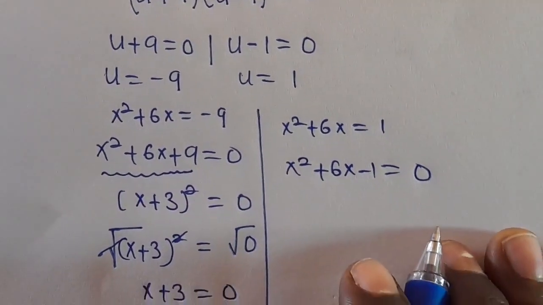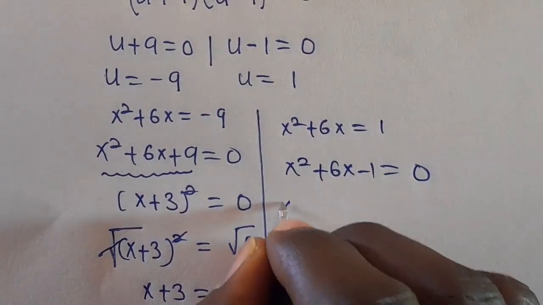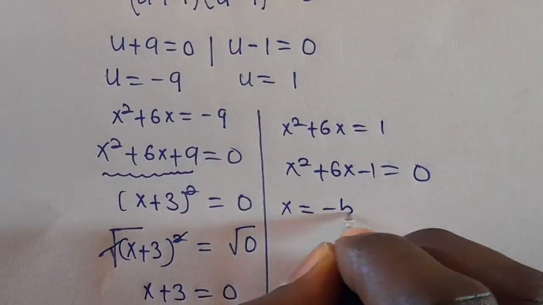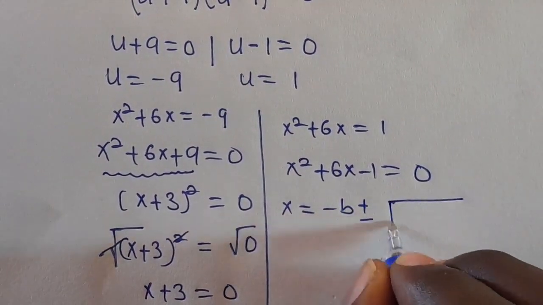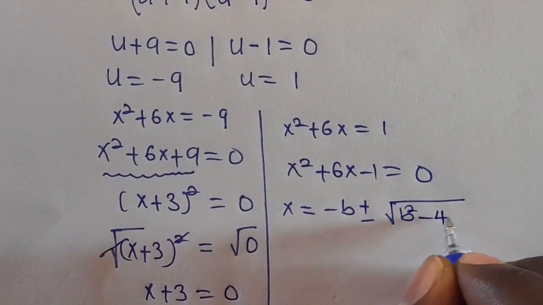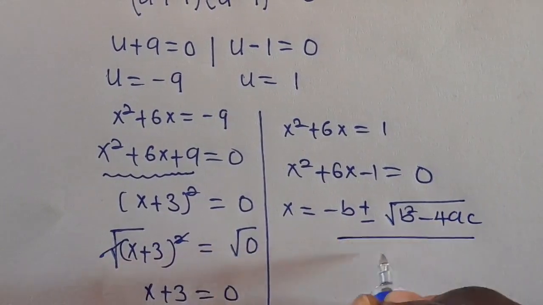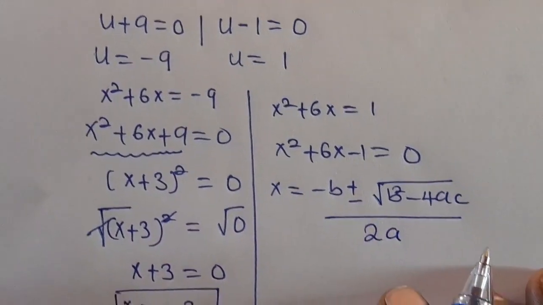Now let us use the general formula of quadratic, x equals minus b, positive or negative, square root of b squared minus 4ac, divided by 2a.